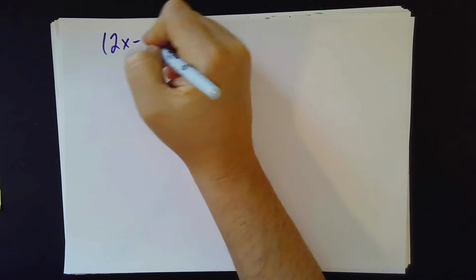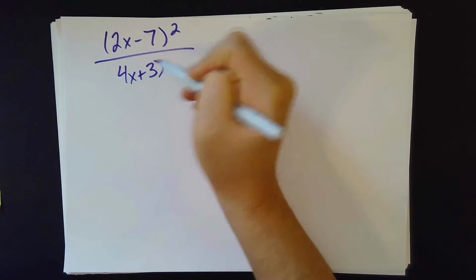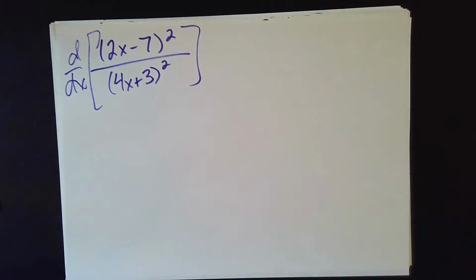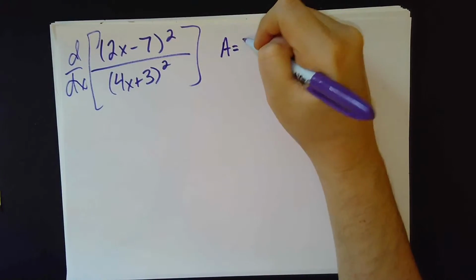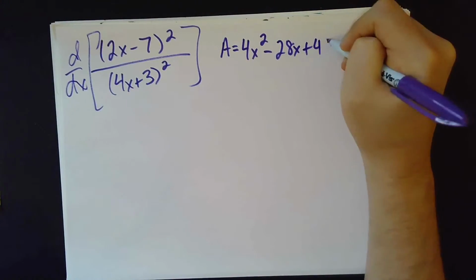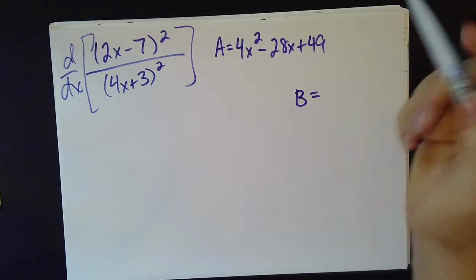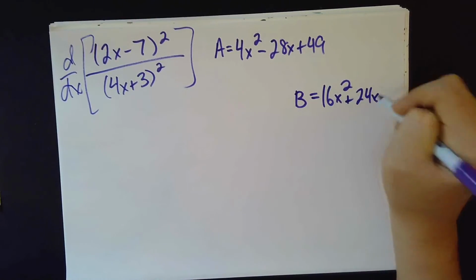So if someone gives you something like that and asks you for the derivative, the first thing I think you should do is write that a is 4x squared minus 28x plus 49, and b is 16x squared plus 24x plus 9.